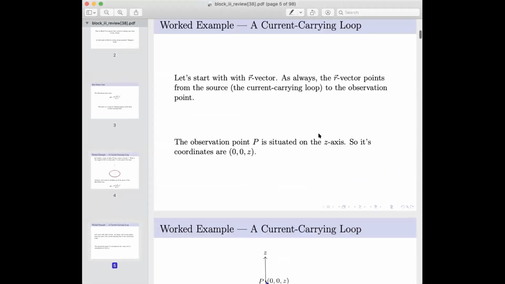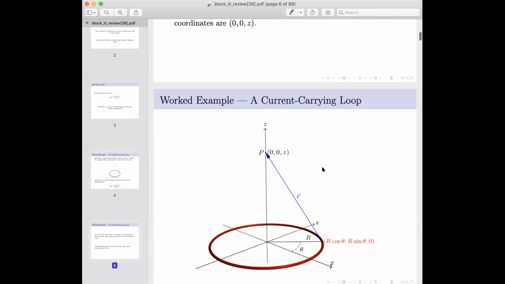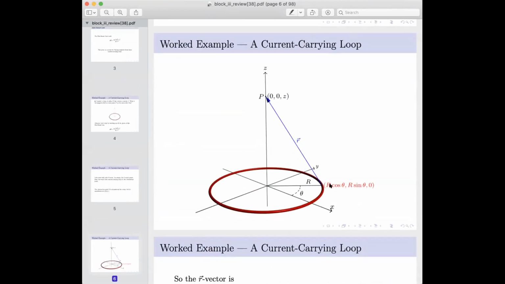Yeah, so we know that it's on our z-axis, right? And so here we have our R vector. To find the length of our R vector, we can see that it makes this cute little triangle, right?